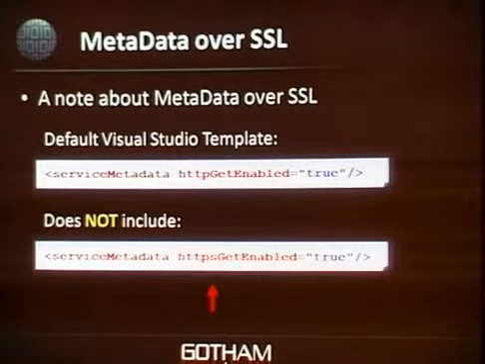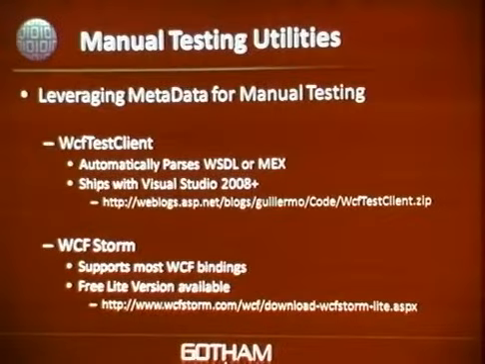So if you're accessing a web service over HTTPS, even if they've got the metadata turned on, which is by default in Visual Studio, it's the top one there, which is only over HTTP, it will not serve MEX requests or WSDL requests over HTTPS. So that's another thing that may have you banging your head against the wall: why can't I get this metadata? It is specific to HTTP or HTTPS, so certainly try both if you have access to both.